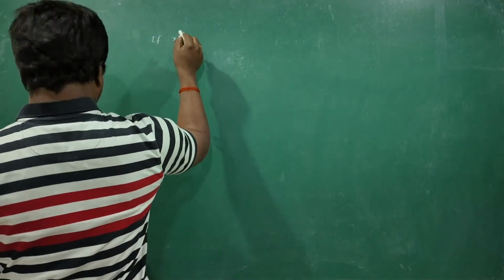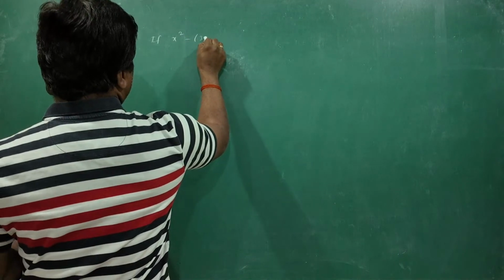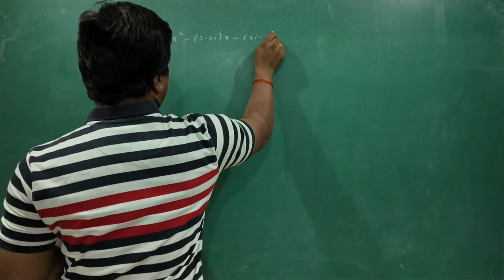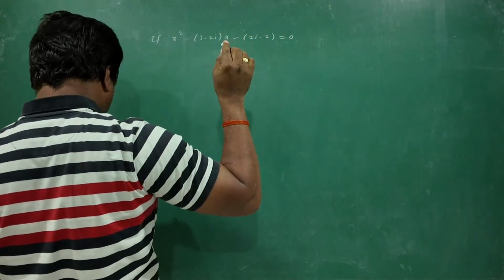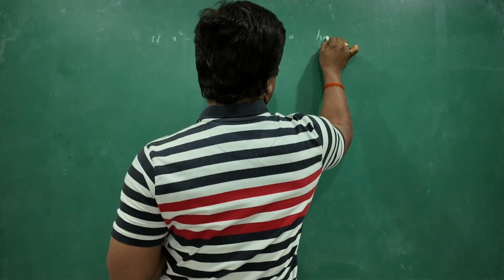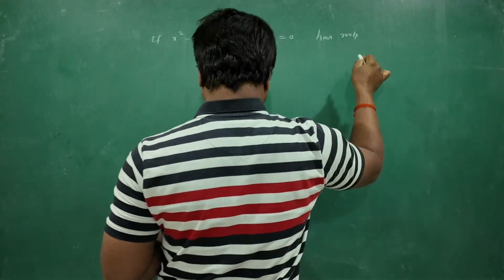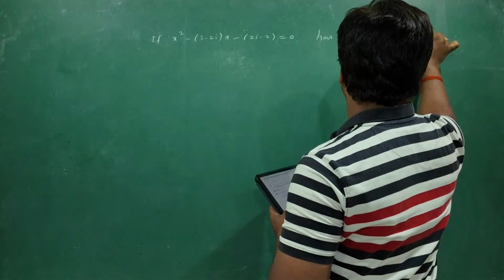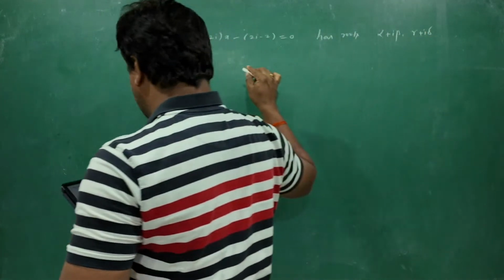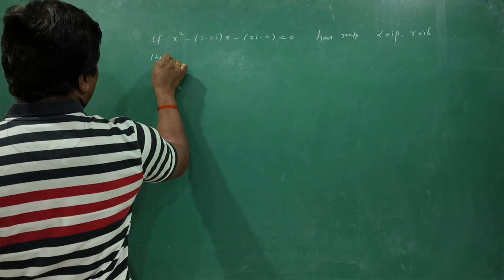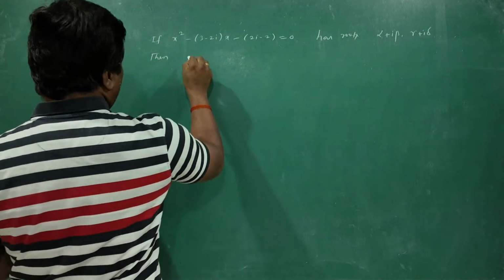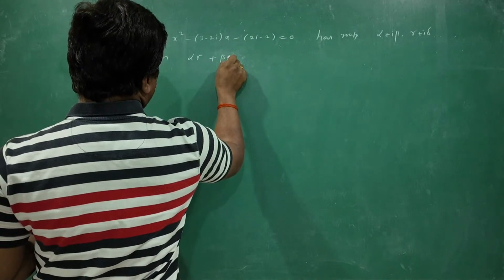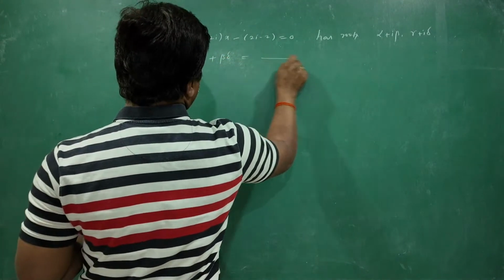Suppose x square minus (3 minus 2i) x minus (2i minus 2) equal to 0 has roots of the form alpha plus i beta, gamma plus i delta. Then we need to find the value of alpha gamma plus beta delta. This is the question.